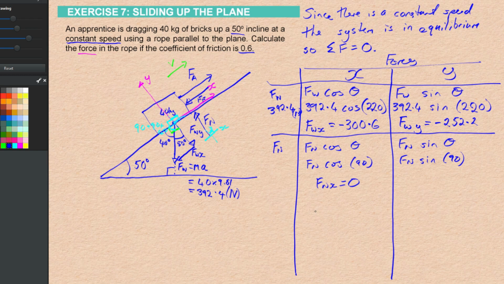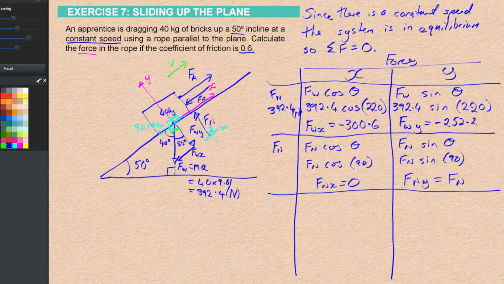Visually that makes sense. Always check that all your numbers here make sense. Remember I said we were going to get negative numbers here and here because we're going in the negative y and the negative x. And if this one is 0, this one has to be the full amount. Sine of 90 gives us 1, so Fn in the y direction is equal to Fn.